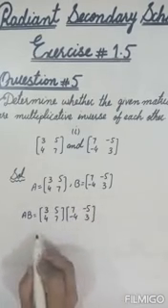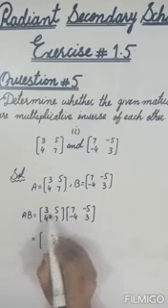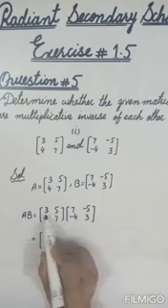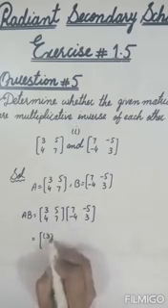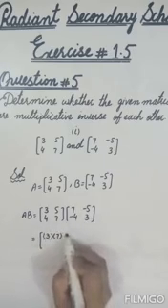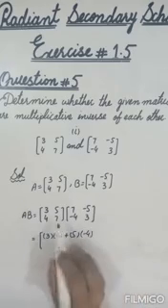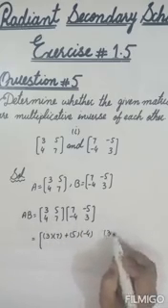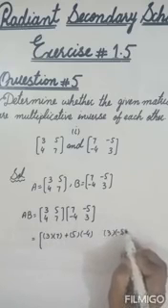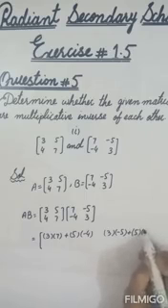Now recall in your minds, whenever we have to multiply the given matrices, we have to multiply first row with first column and then first row with second column. Means 3 into 7 plus 5 into minus 4, then first row with second column, 3 into minus 5 plus 5 into 3.